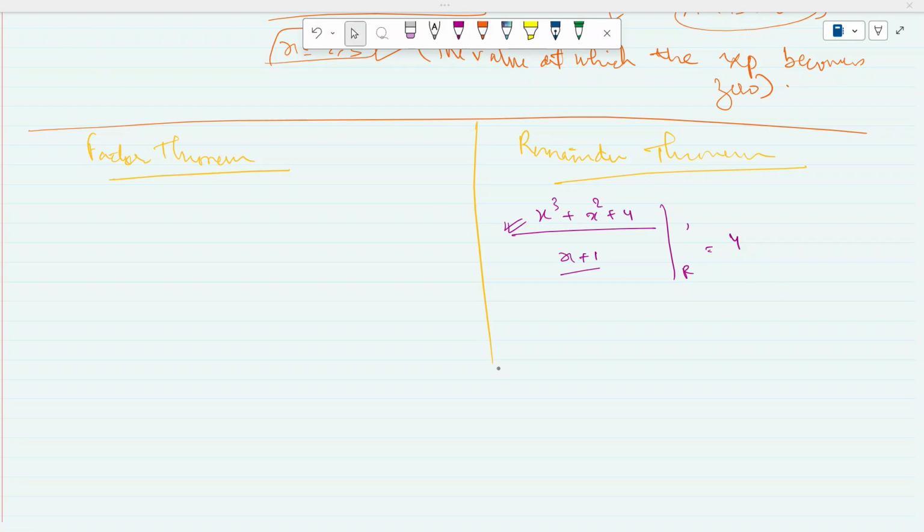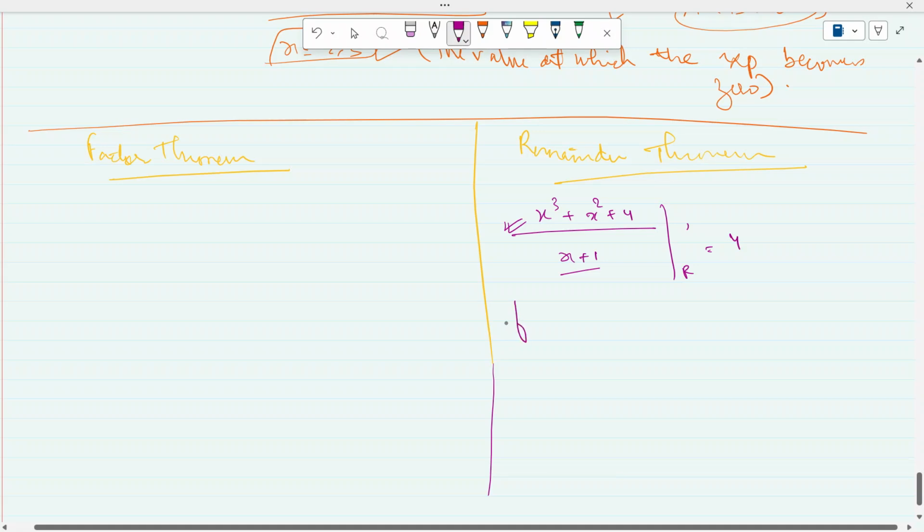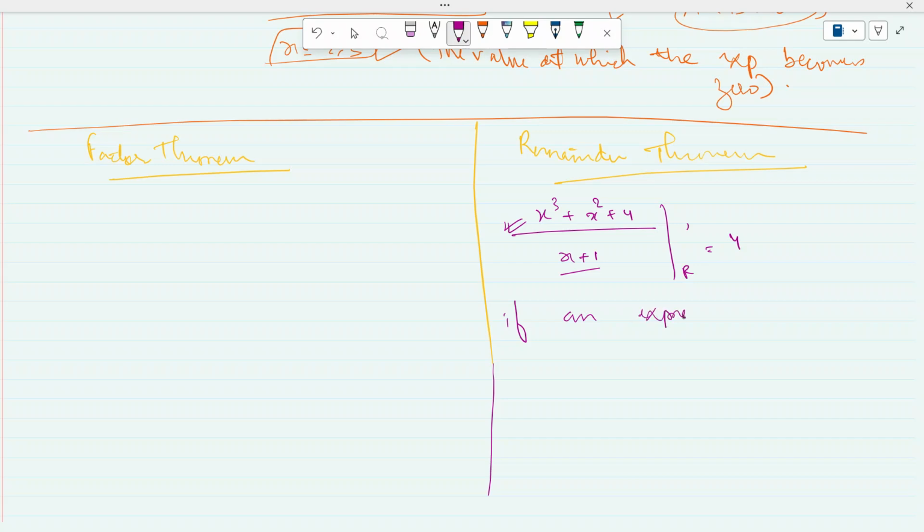So what we say in the remainder theorem is that if an expression f of x, meaning f is a function of x, some combination of the variable x and some numbers, is divided by x minus a, then the remainder is f of a.